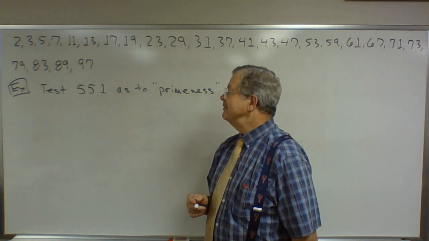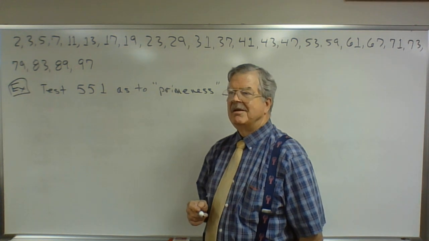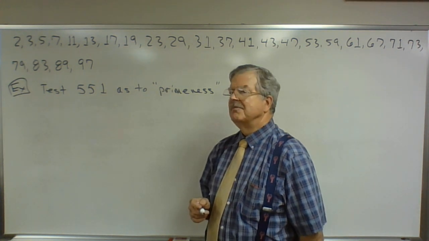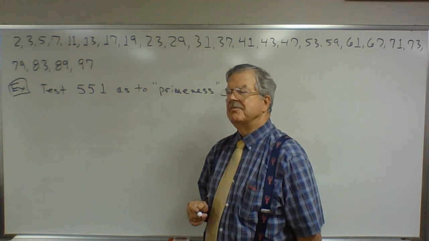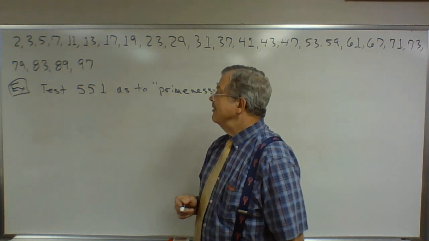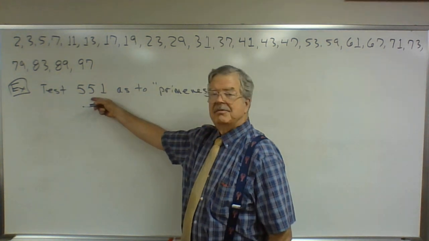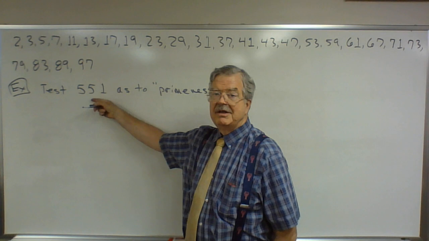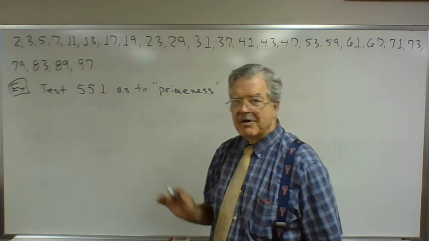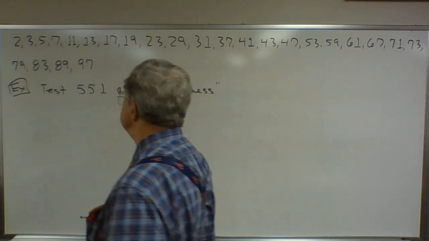The square root of 576 is 24, isn't it? So if we don't hit a prime factor by the time we get to 23, this thing's prime. So there aren't many candidates to check out.